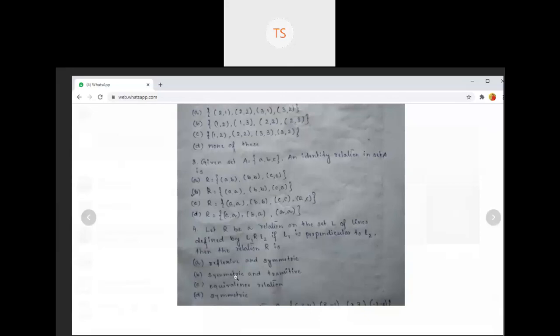Now what was the last property? It is the transitive property. And what is the transitive property?